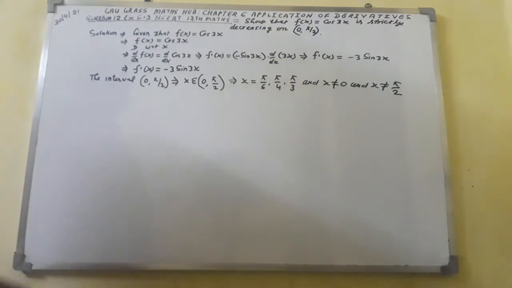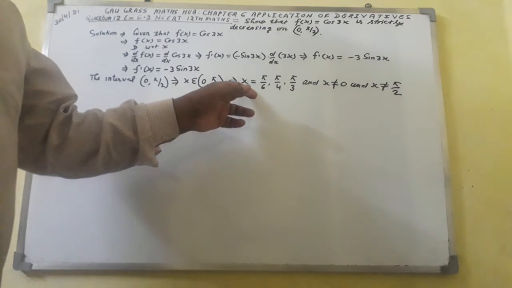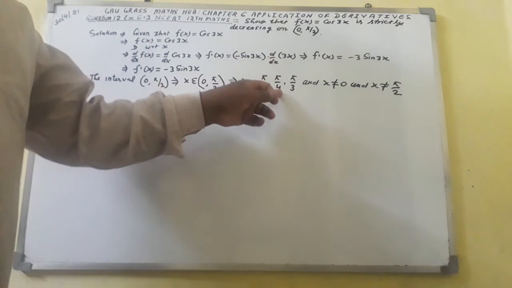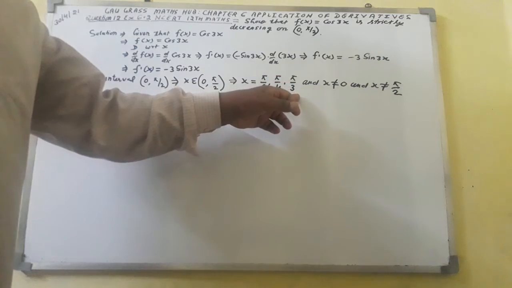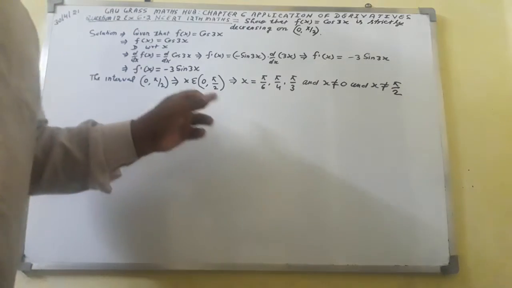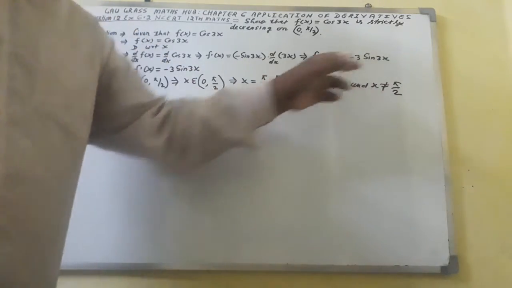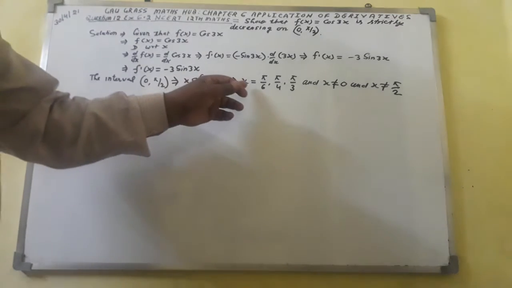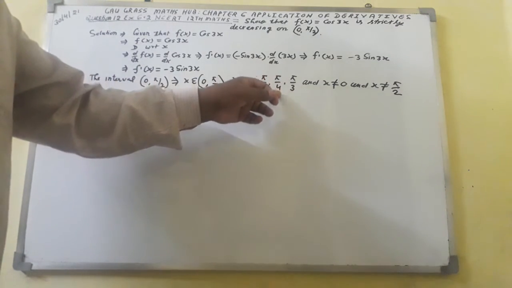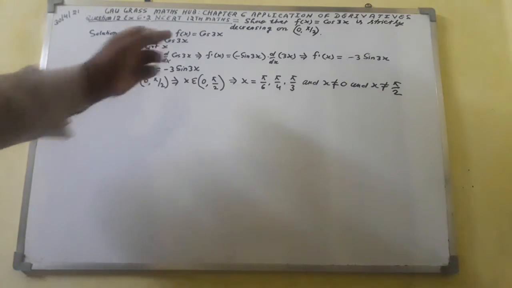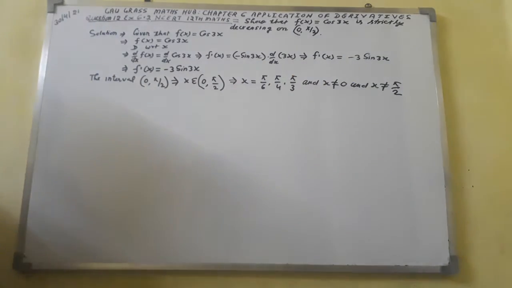The value of x will be taken as pi by 6, 30 degree, pi by 4, 45 degree, pi by 3, 60 degree. x will not be equal to 0, x will not be equal to pi by 2. Now x equal to pi by 6, pi by 4, pi by 3 will be put in this function.